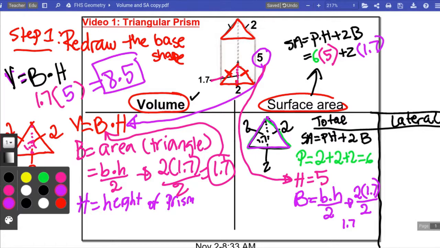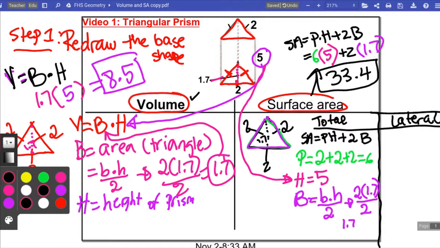What answer do we get? I don't remember, so I have to do the math real fast. I believe it gets me 33.4. Hold on a second, 1.7 times 2 plus 30. All right, cool. I was right.